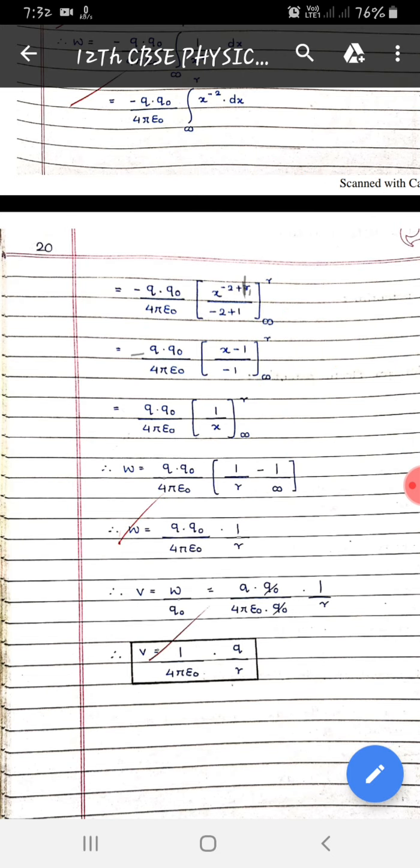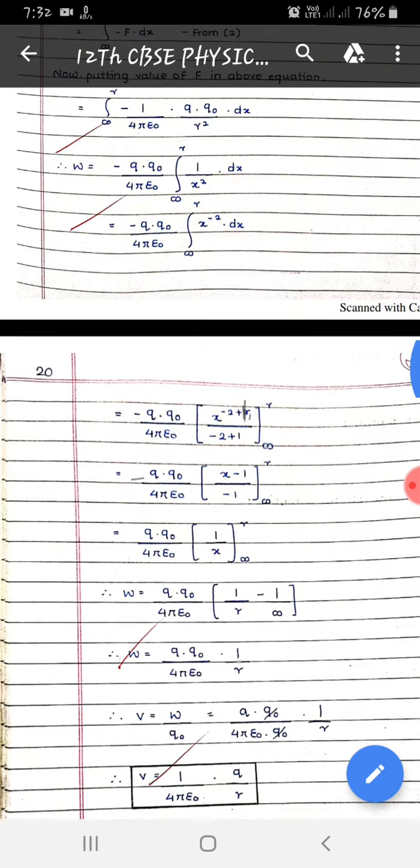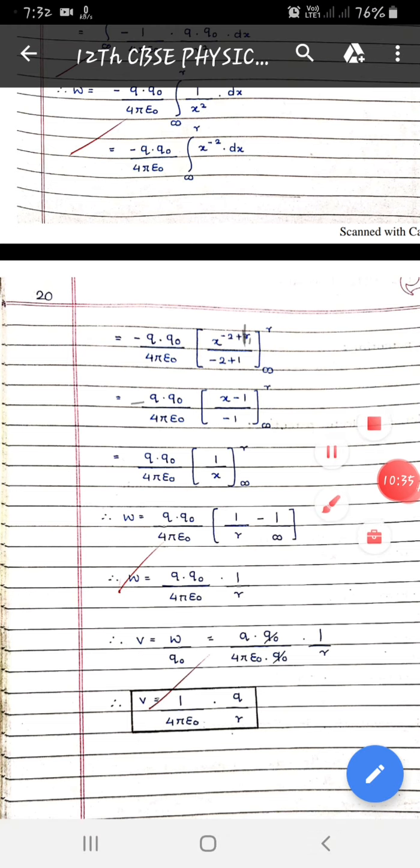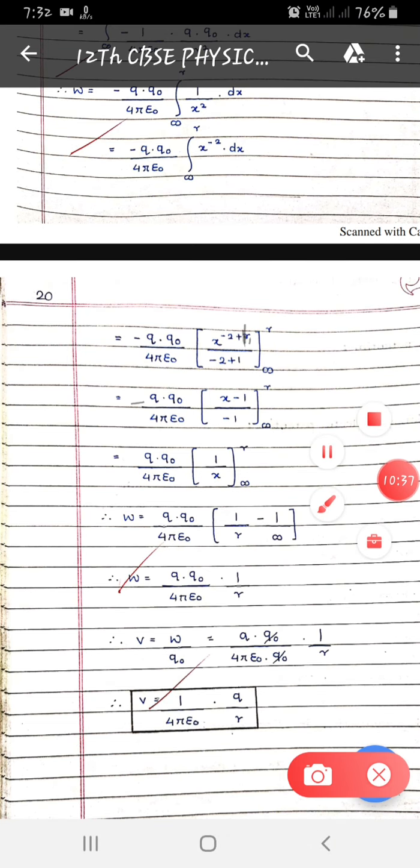According to this rule, here our n is minus 2. So x raised to minus 2 plus 1 divided by minus 2 plus 1, with square bracket from infinity to R. Now minus 2 plus 1 is minus 1, so here you have to write x raised to minus 1.